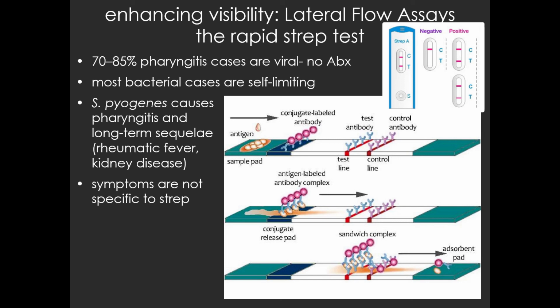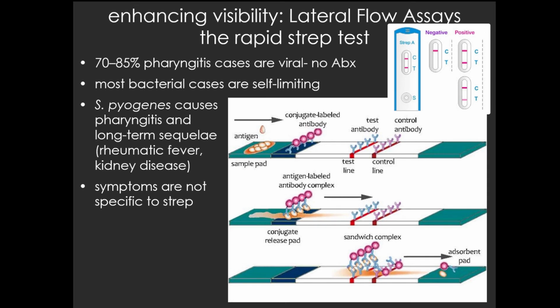So the problem is when you go to the doctor and you have a sore throat, about 70 to 85% of those pharyngitis cases are viral, for which no antibiotics should be prescribed. And even of the 15 to 30% which are bacterial, most of those are going to be self-limiting, in which case, again, you don't need to take antibiotics.